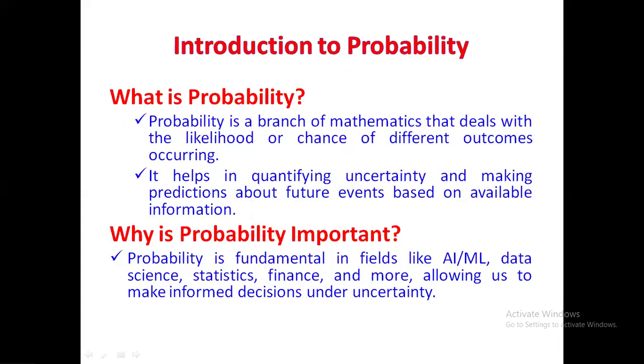The probability is expressed as a value between 0 and 1, where 0 indicates an impossible event, and 1 represents a certain event. This we should know very clearly.